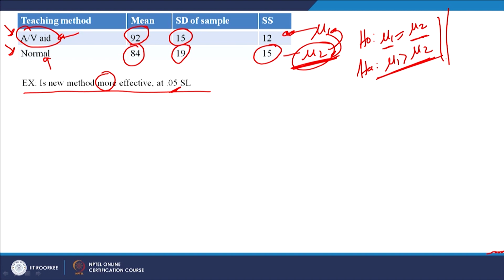Now, we have to decide what type of test you would be applying. The first thing is very clear: this is a one tail test example, right. So, it is a right tail test, and this is the rejection region in a right tail test. And what about z test and t test, which test would we be using?